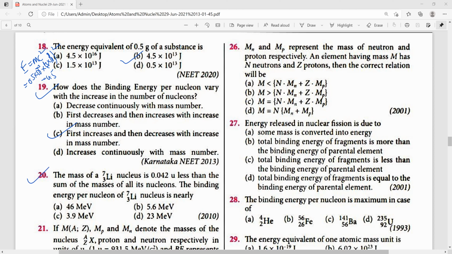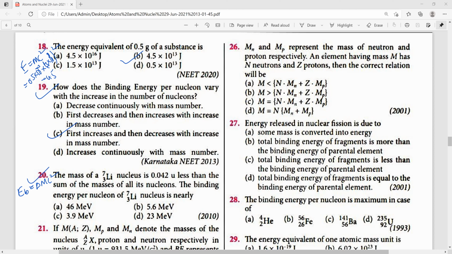20th one. The mass of lithium nuclei is 0.042 atomic mass unit less than the sum of mass of all its nucleons. Binding energy per nucleon of lithium nucleus is nearly 46, 5.6, 23 and 3.9 mega electron volt, they have given. So this is calculated by using the binding energy formula. That is EB is equal to delta M C square.